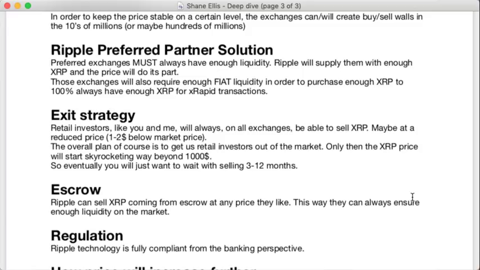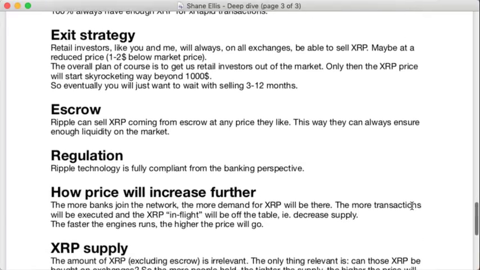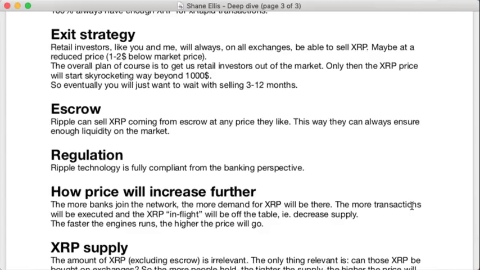Then there have been questions to Shane regarding the exit strategy, and he basically explained it like that: most retail investors, I repeat, investors like me and you, will always be able to sell their XRP, be it on a preferred or on another exchange.